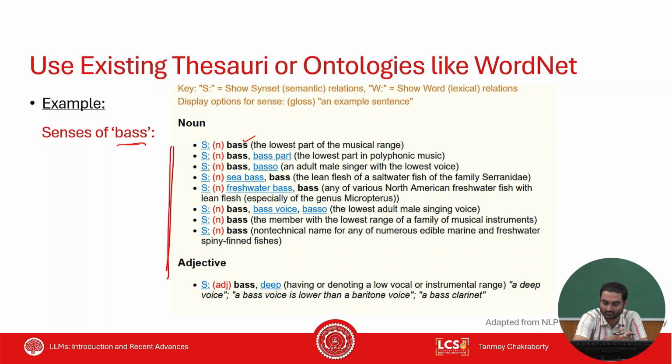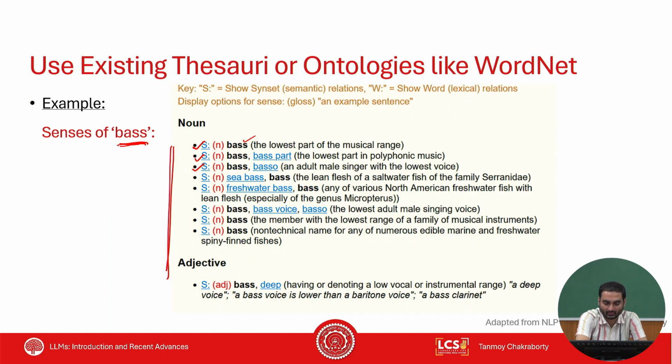Bass can also be a male singing voice, or a bass guitar. So it has multiple senses. Of course, the pronunciations are different, but the surface word is the same. This is the first sense of bass, there's a second sense, a third sense, and so on and so forth.